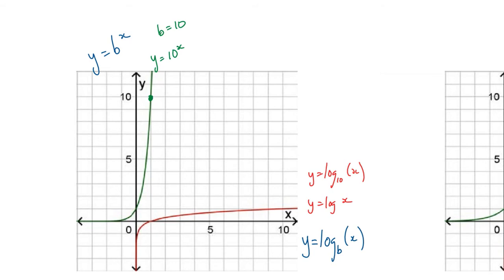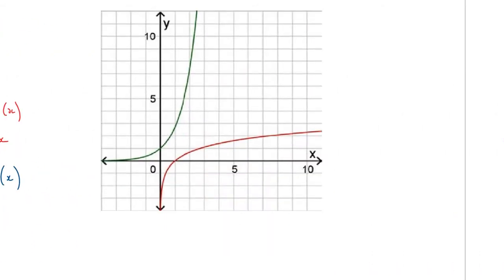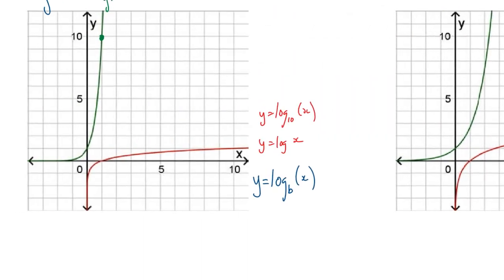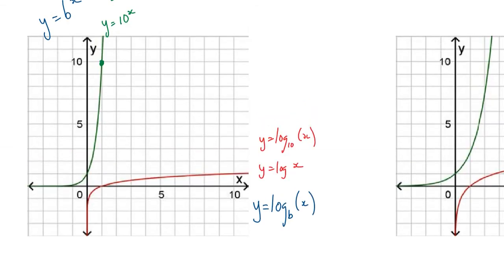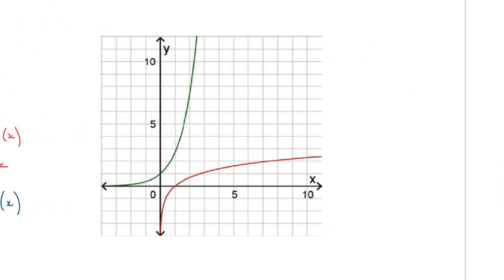So I've got another one here. Why do I have this one? We sort of by inspection determined the first one, the exponential function, was y equals 10 to the x. So what does this one look like? Again, it looks like it goes through 1 there, so there's no transformation. So I might look at where does it go through when x equals 1, what is the y value?